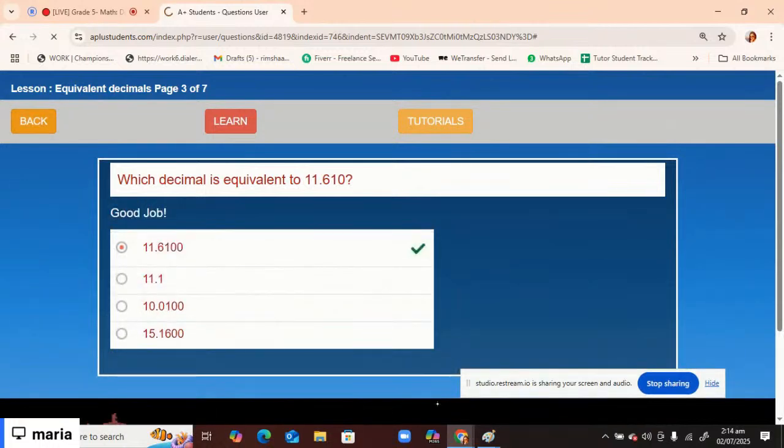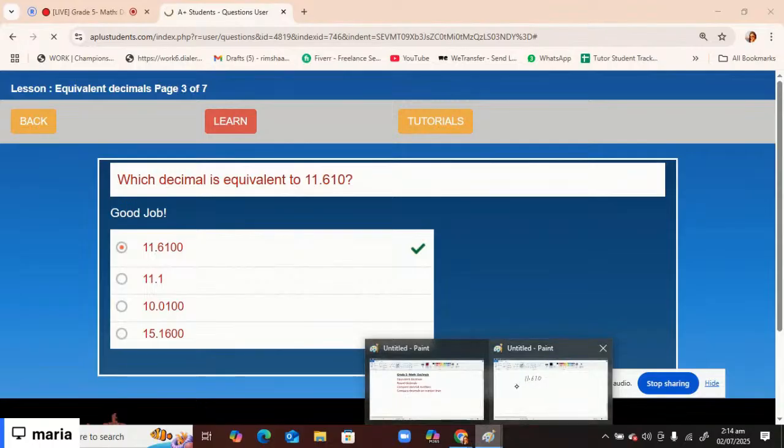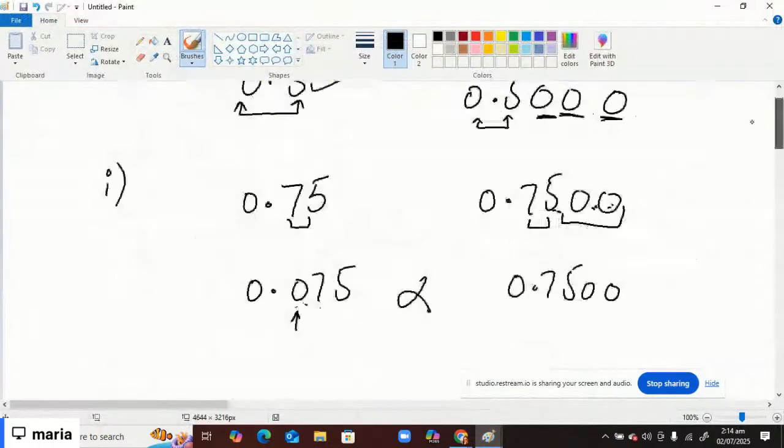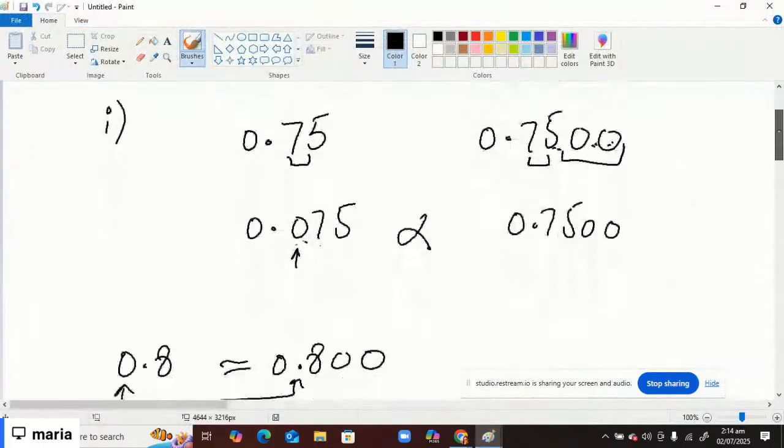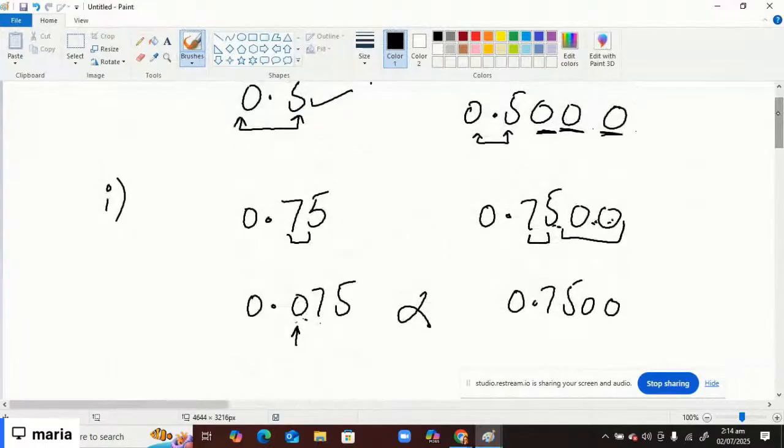Now hope you guys understand this lesson. Here we discussed equivalent decimals. I'm going to repeat it again. What is basically an equivalent decimal? An equivalent decimal means the number which is equal inside.